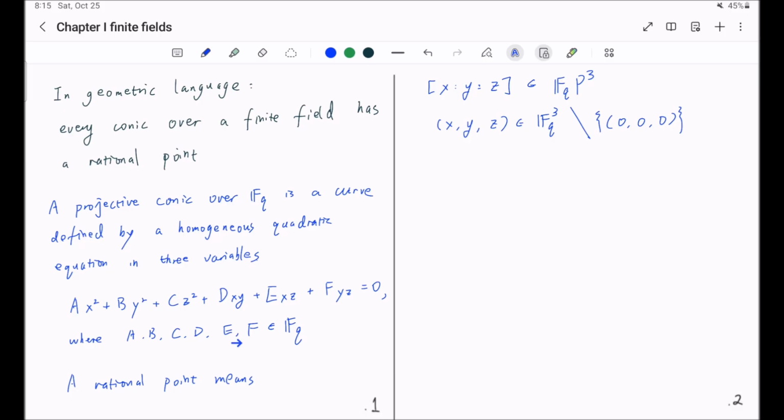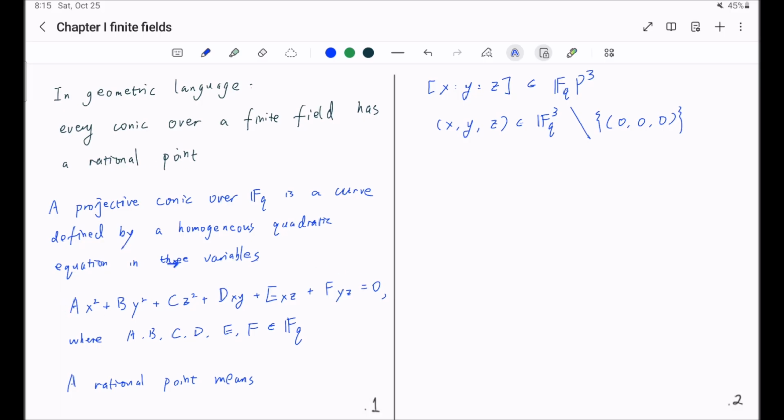So this is simply another way of stating corollary number 2. Because this equation has a non-trivial 0, it must have a solution in the projective space. So in geometric language, this says every conic over a finite field has a rational point.